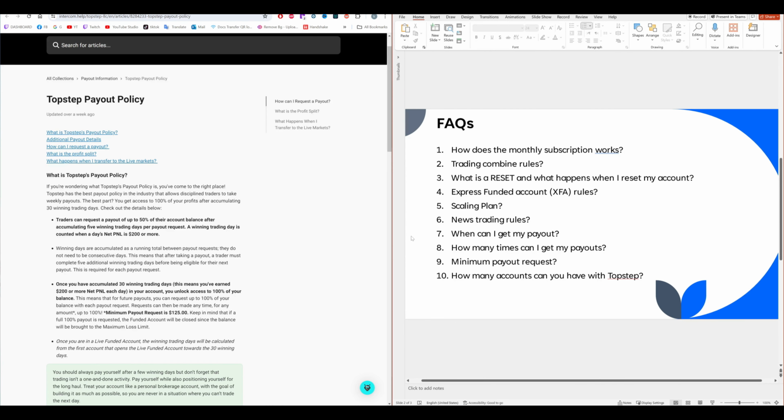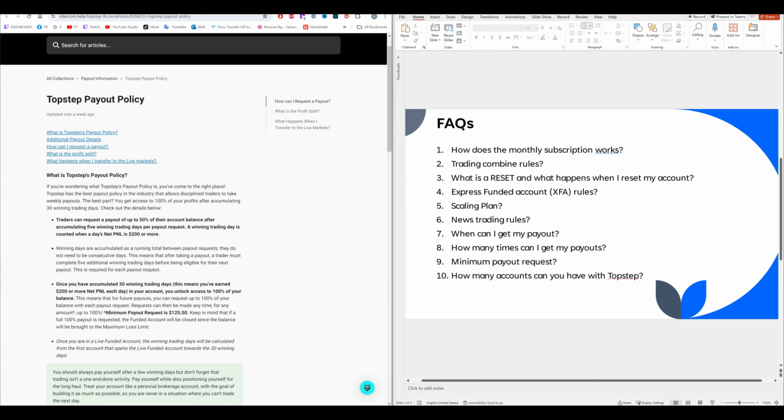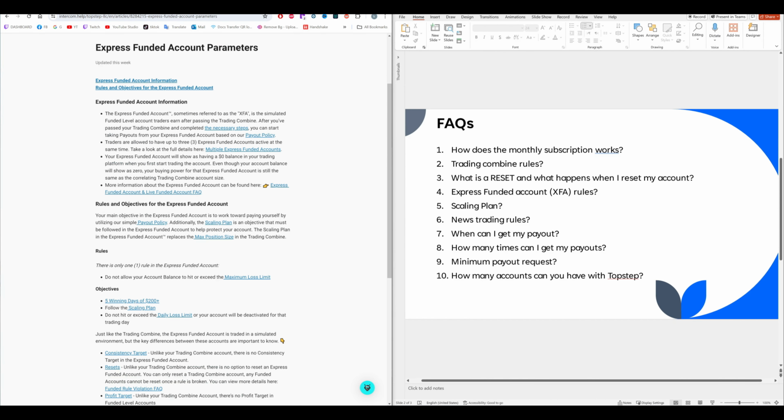So to the important stuff, when can you get your payouts? You will be able to access your funding after satisfying those rules for the express funded account of achieving 5 winning days of $200 or more.